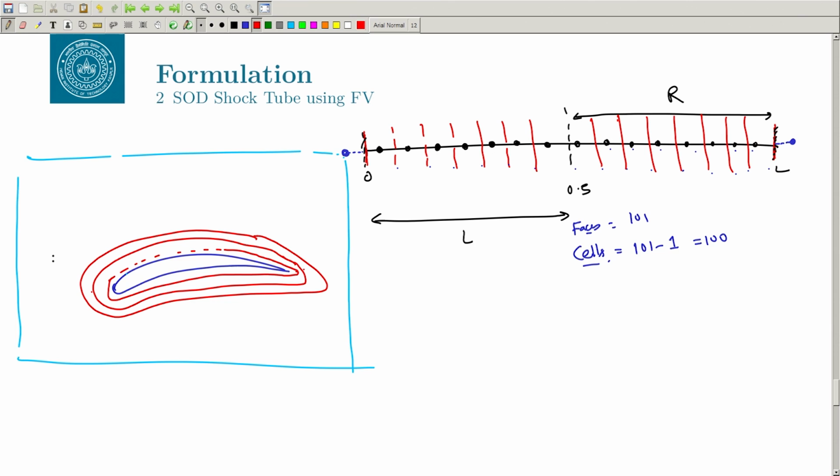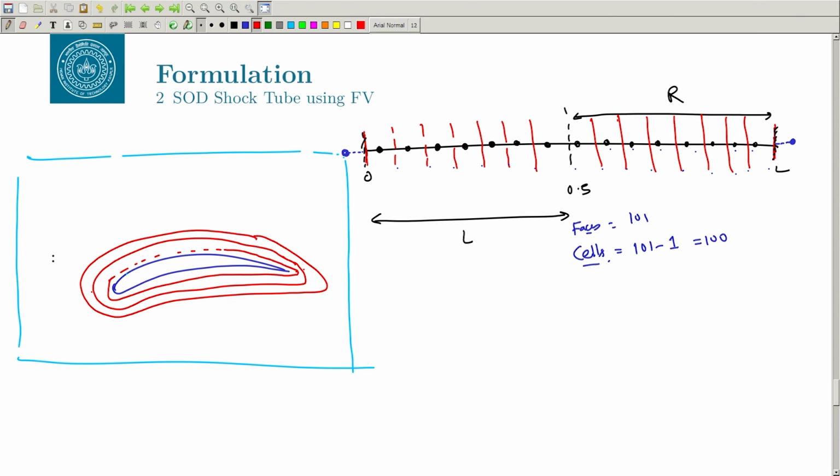Also, let us say you are doing flow over an aerofoil. What you can do is have very nice prism elements, or elements which are close to the body, respecting the boundary layer like this.